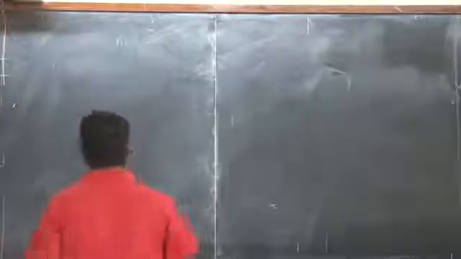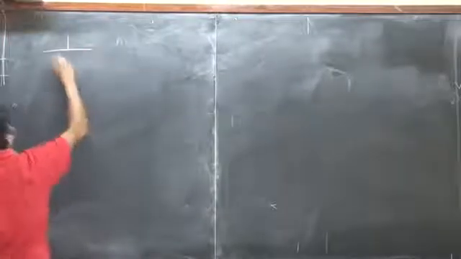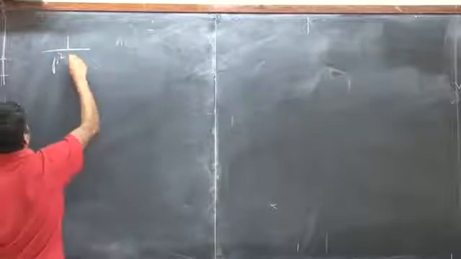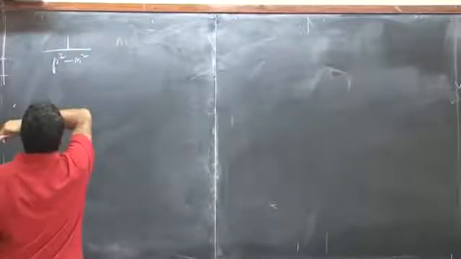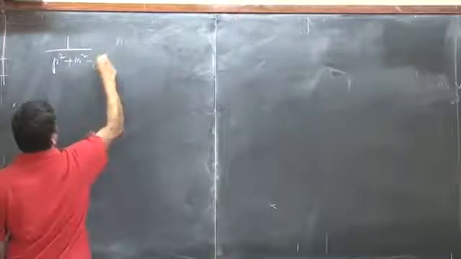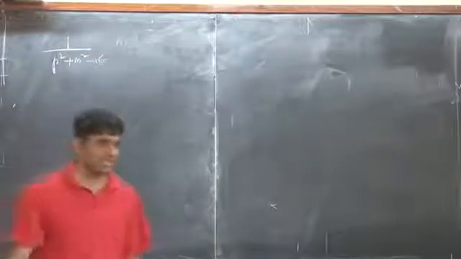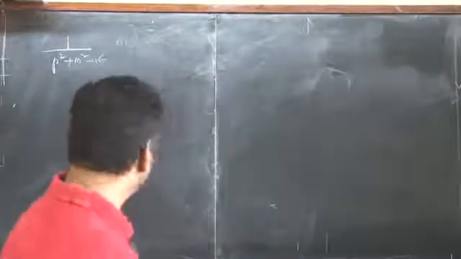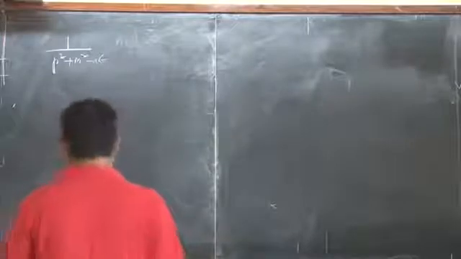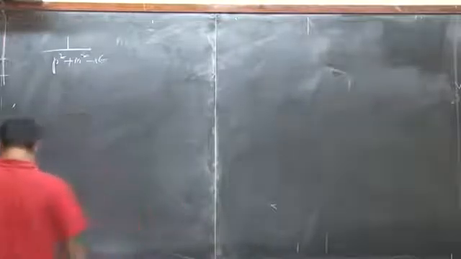So let me consider a propagator which is 1 over p squared plus m squared, where we're using the mostly positive convention. Again, this is the propagator of the free scalar.